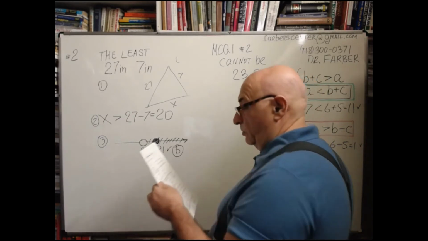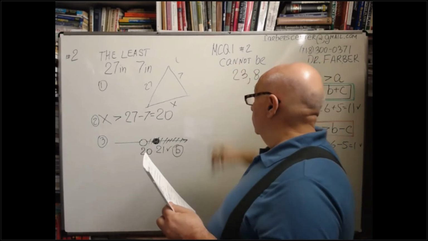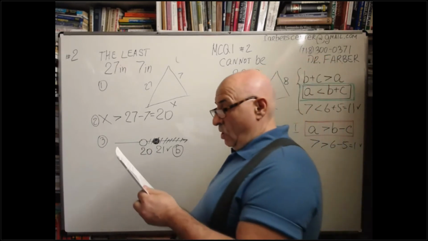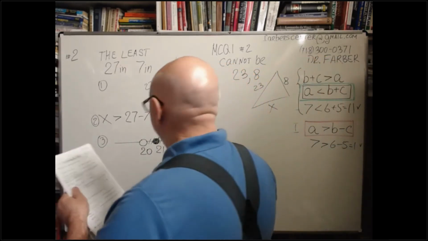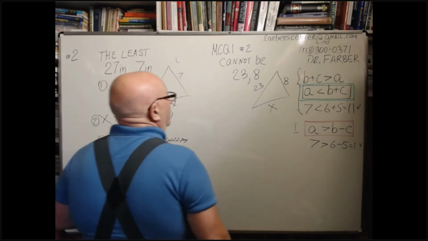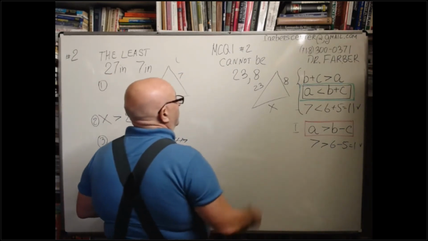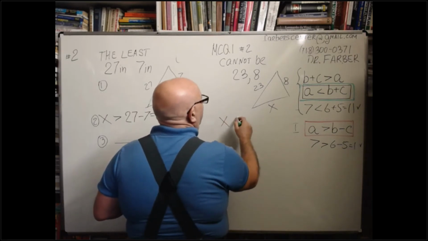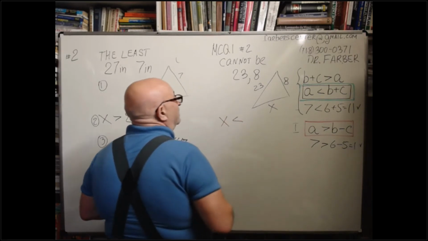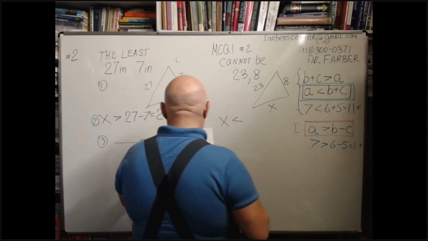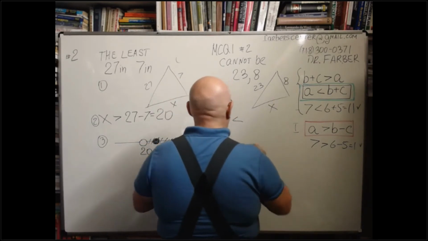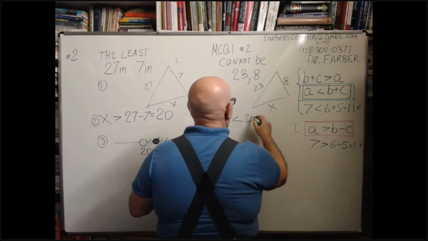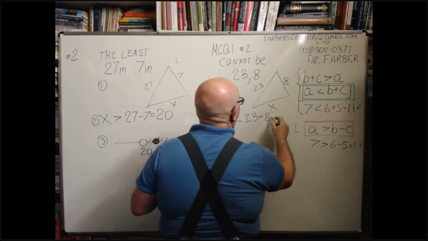Now look at the multiple choice. You have different numbers. You know that for a triangle to exist, x must be less than 23 plus 8, which is 31.